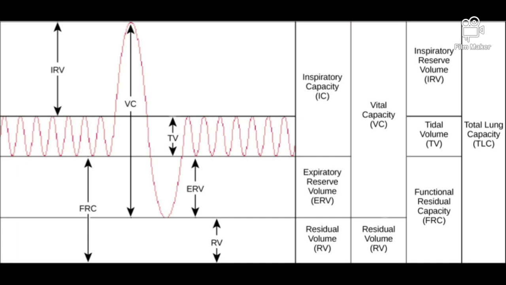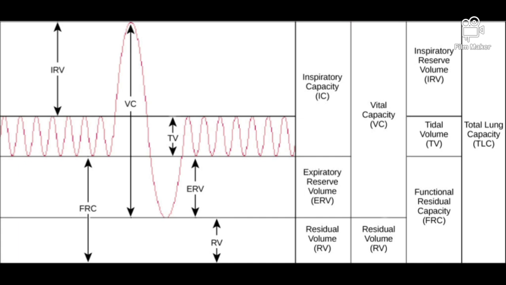Vital capacity is the volume of air that is breathed out by the most forcible expiratory effort after a maximum inspiration. So here, vital capacity is the summation of inspiratory capacity plus expiratory reserve volume.